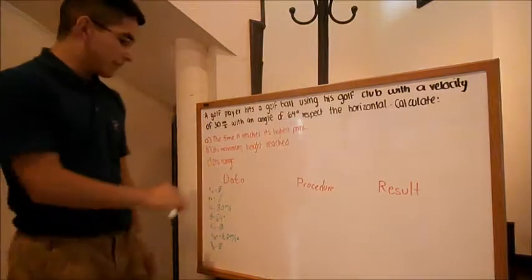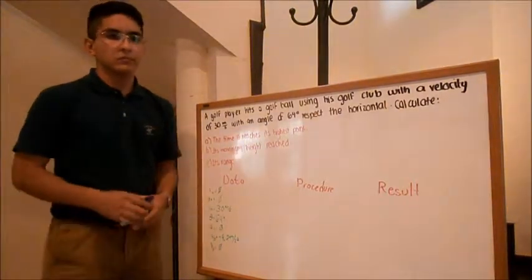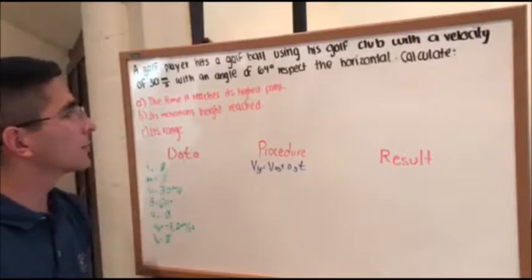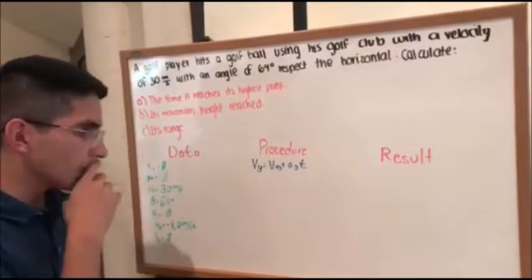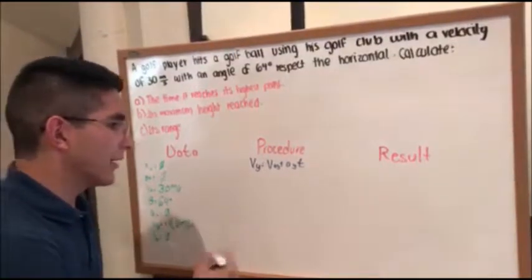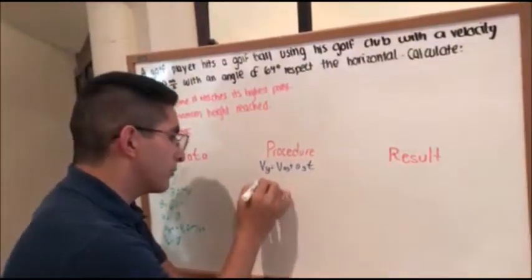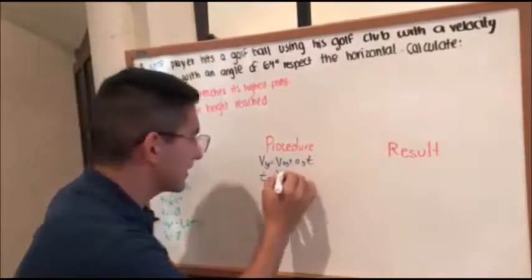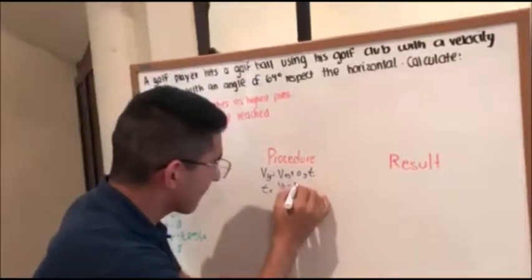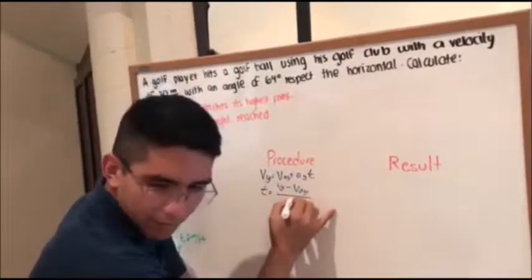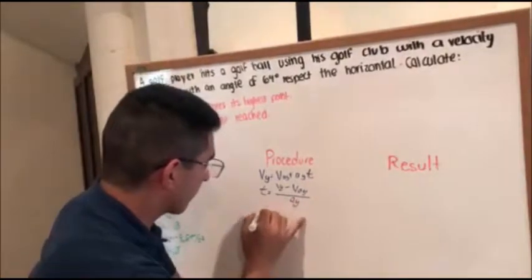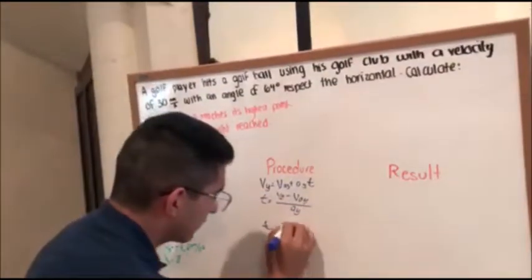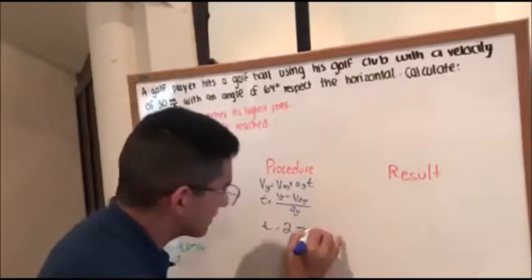So I have this data, and okay, to obtain the time, I need this formula, and if I isolate the formula to have the time, the formula will be something like this, and if I change the values, the time will be 2.75 seconds.